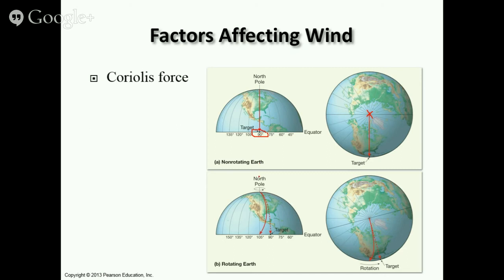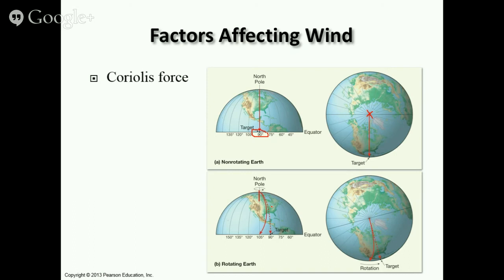But that's not real world, because you know that this planet spins. It spins counterclockwise as we view it from the North Pole. So that being the case, if I want to hit my target, I cannot just travel a straight line to get to my target. What I have to do is modify that a little bit. And pilots sometimes have to do this depending on how they're traveling.